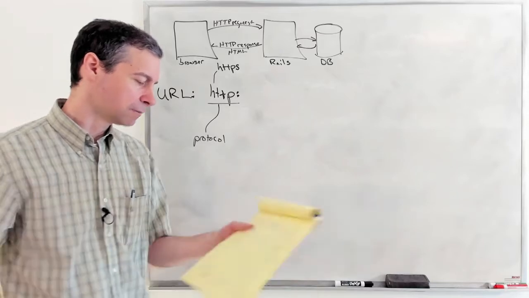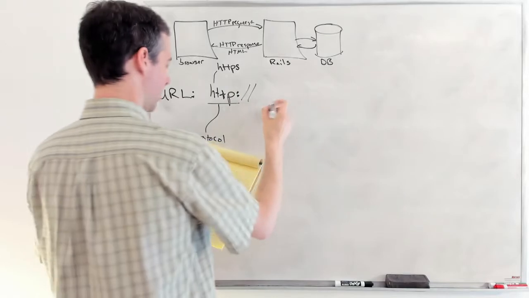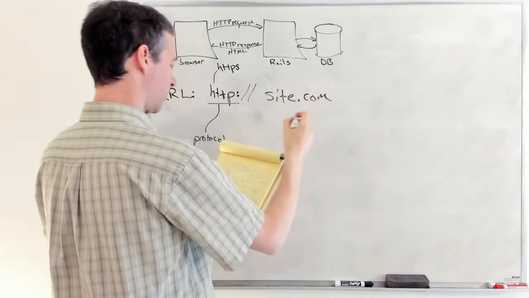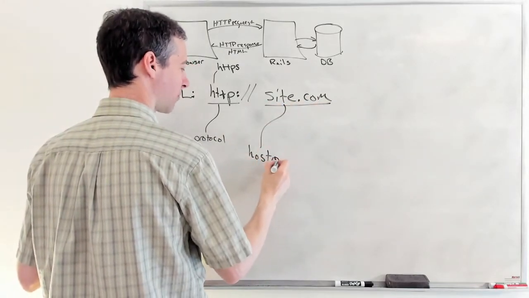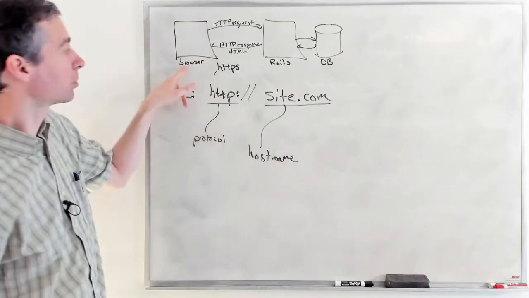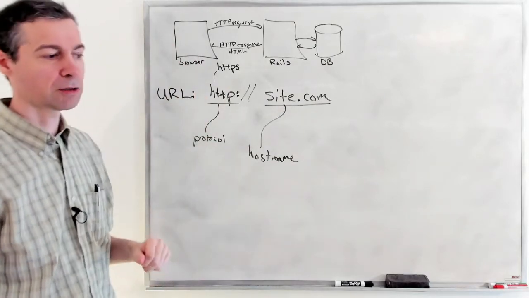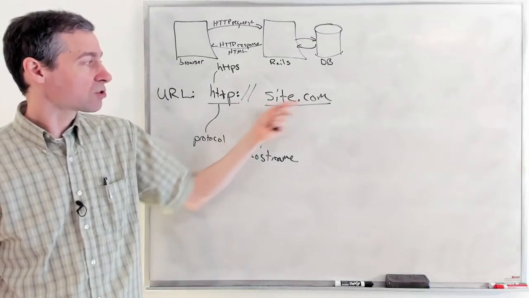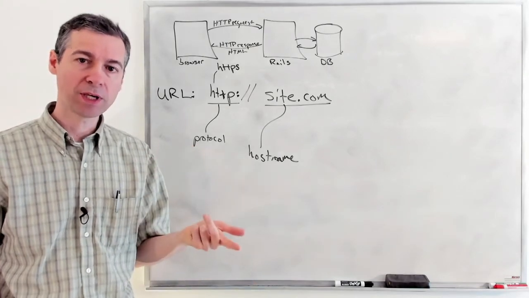Now, you give these two slashes, and you give some sort of site, let's say .com. This is what we call our host name. The whole point is for your browser to use the powers of domain name services to say, I've got this string here, could you please give me back an IP address?